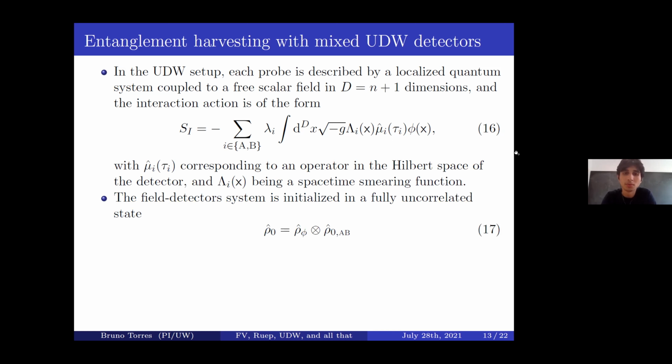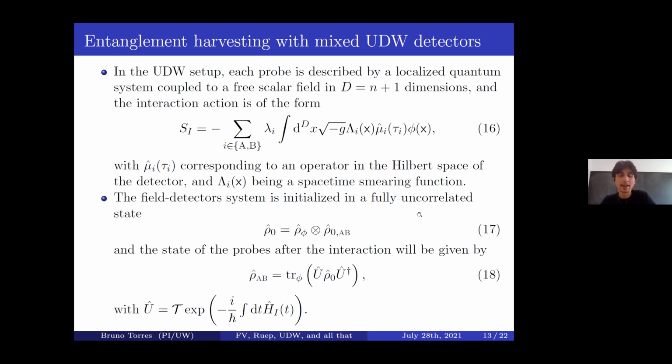We'll, as usual, set up the initial state of the system of field and detectors in a fully uncorrelated state. And then we'll let the system evolve in the interaction picture via this time evolution operator that's given by the time-ordered exponential of some Hamiltonian that can be defined once you pick this time parameter according to which we'll evolve the system.